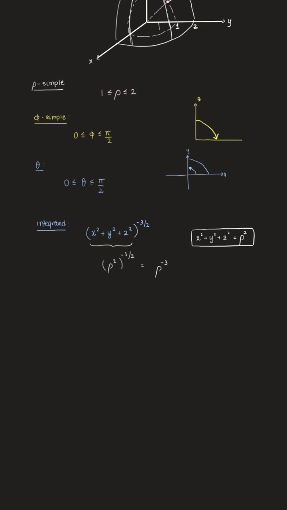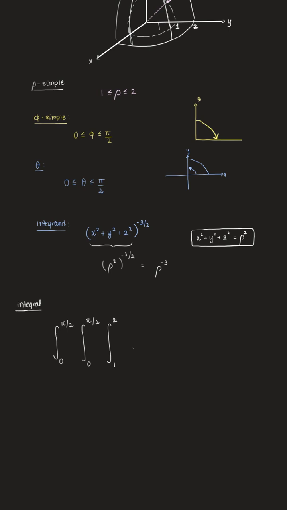So let's set up our integral. Our limits of integration for the outer integral, which is theta, will go from 0 to pi over 2. Limits for our middle integral, which is phi, will go from 0 to pi over 2 also. Limits for our inner integral, rho, from 1 to 2.